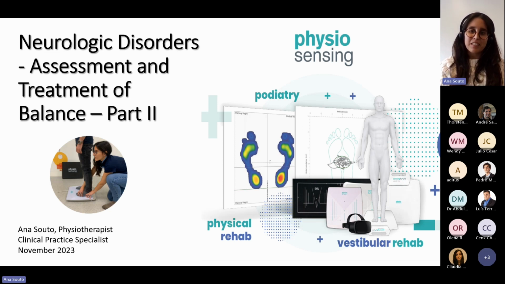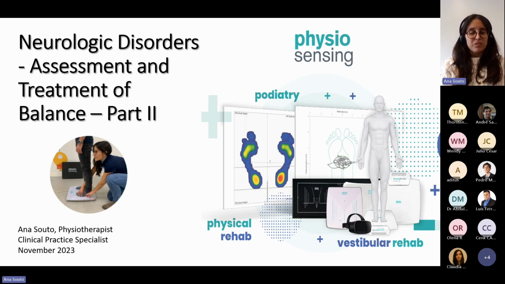I'm a physiotherapist and I work for Sensing Future. I have a master's degree in human physiology, mainly in exercise physiology. I've worked as a physiotherapist in a rugby team and at a clinical level with neurology and orthopedic patients.